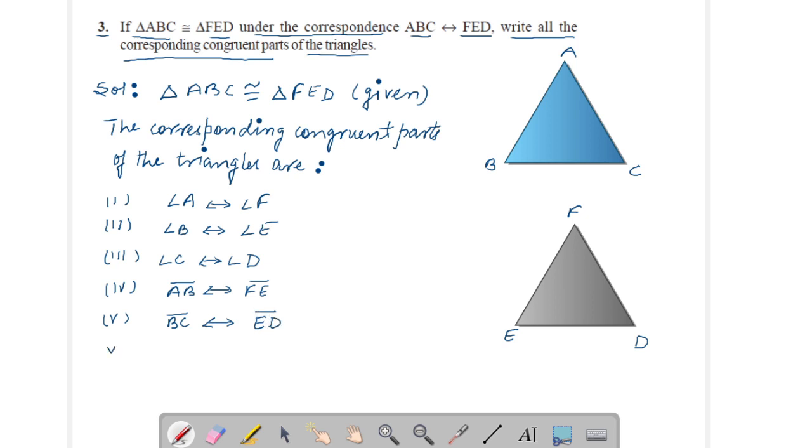And sixth part, line segment AC corresponds to line segment FD.